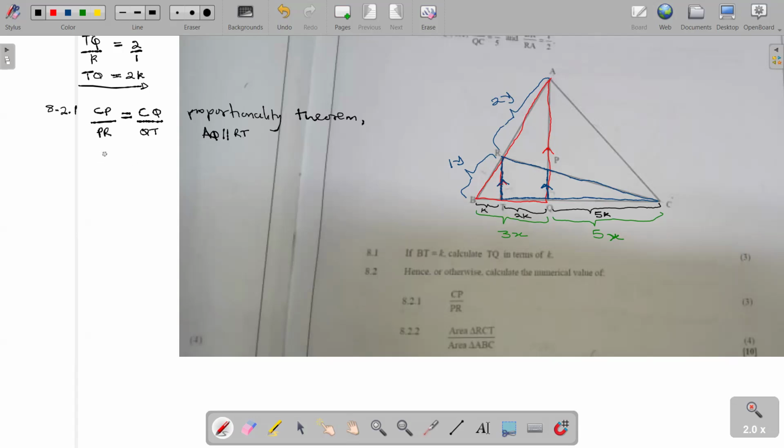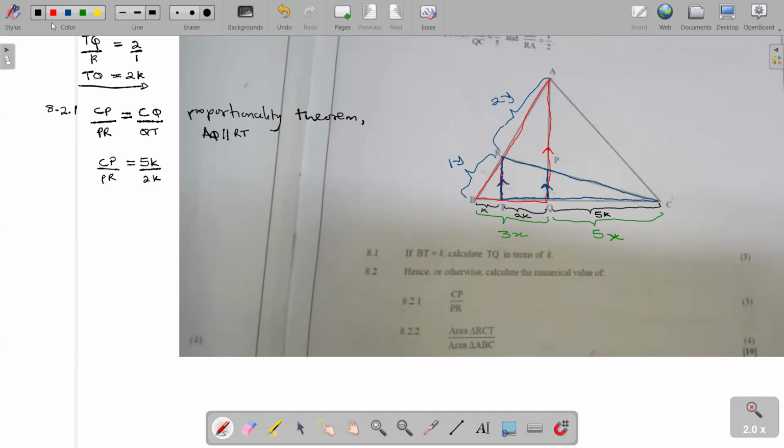So eventually our CP over our PR will be equal to CQ. Here is our CQ. So it's 5K divided by our QT, which is 2K.